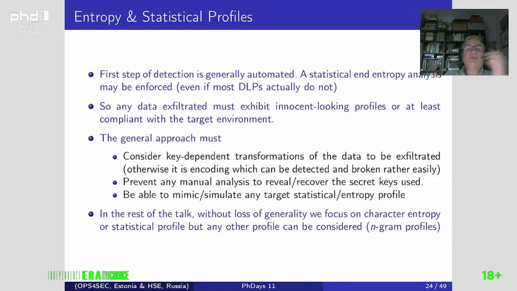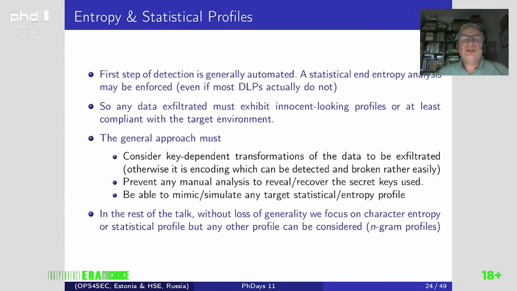Why? Because DLPs could enforce very sophisticated statistical and entropy analysis, although most of them do not. So for your exfiltrated data, you must mimic what an innocent-looking document would look like.